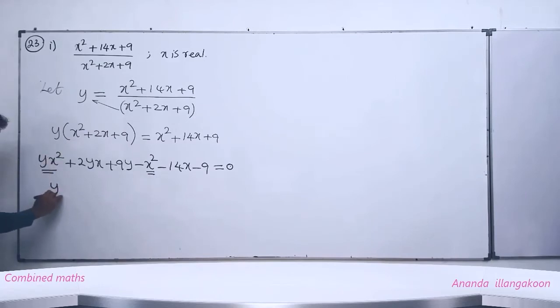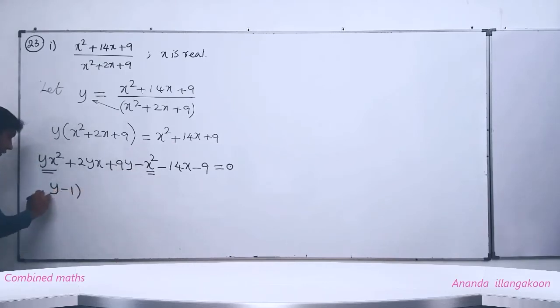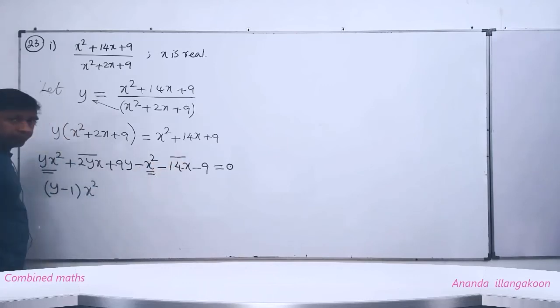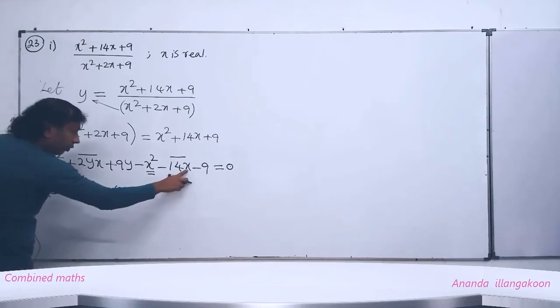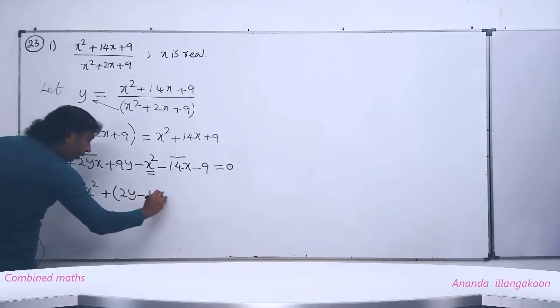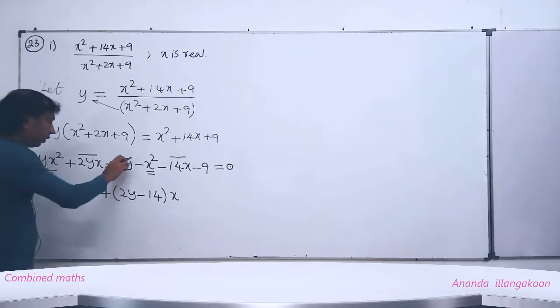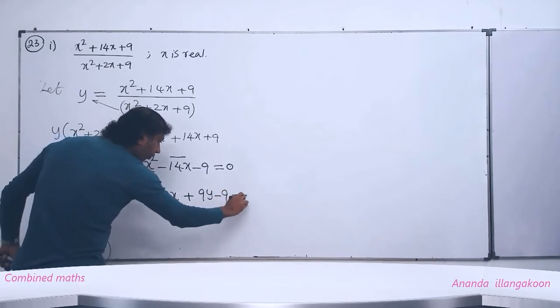Here we get y, and with the other we get 1 with a minus sign: y minus 1 times x squared. And now take these x terms, this term and this term. Take x out, then here we have 2y, and minus 14, times x. Now the other terms are 9y and minus 9, equals 0.